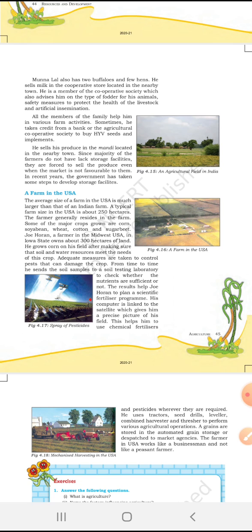Which deal with the direct extraction and production of natural resources. For example, agriculture, fishing, mining. Now, what is secondary activity? Activities which are concerned with the processing of natural resources, like manufacturing of finished products.